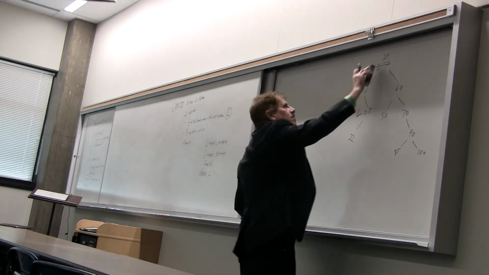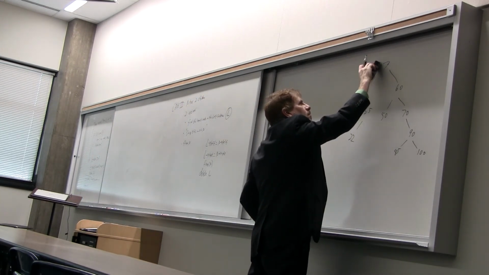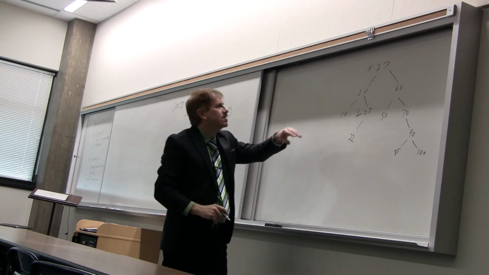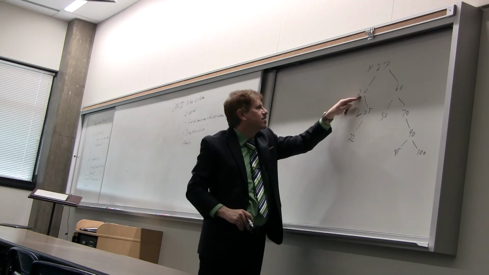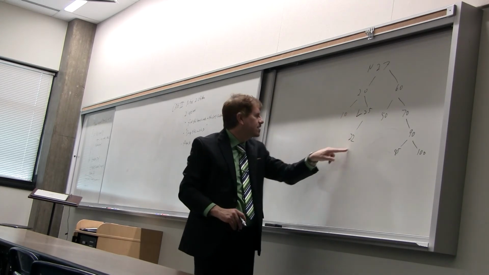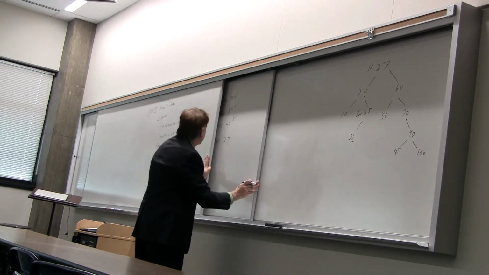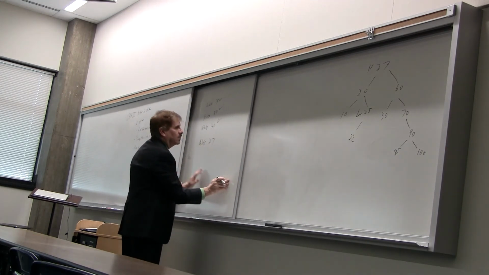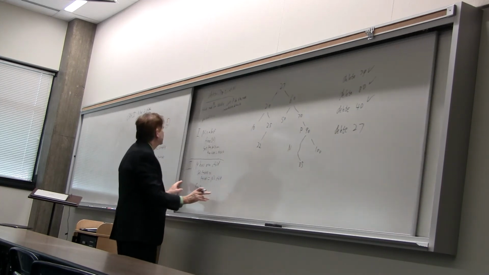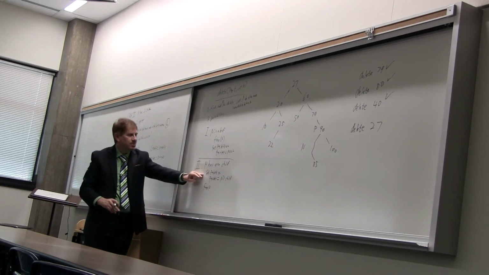So you need to be careful of the order here. How do we delete 25 from this tree? It's smaller than 27, it's bigger than 20. We come down here, this is the node we want to delete. It has exactly 1 child. So that puts us in case 2.